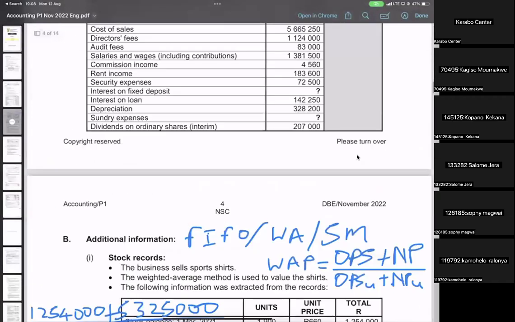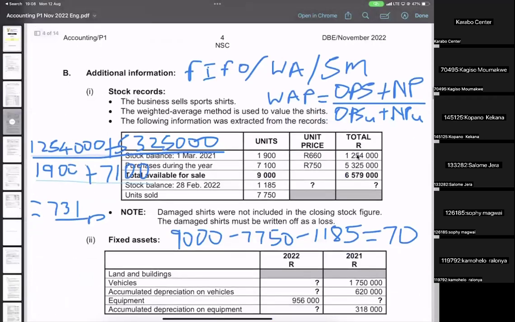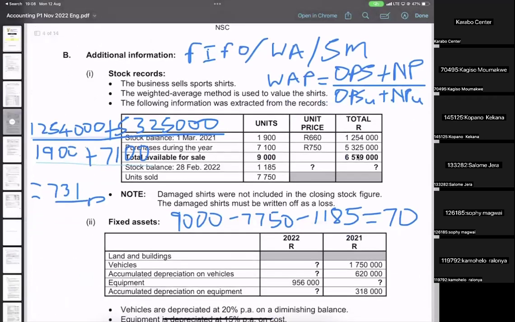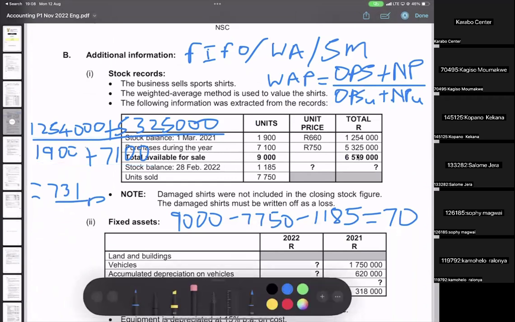Go back. Oh, it's 185. It's not 180. I made a mistake, guys. So it's not gonna be 70, it's gonna be 65. It's not 70. I punched the wrong digits on my calculator.